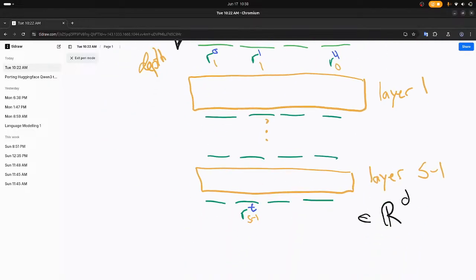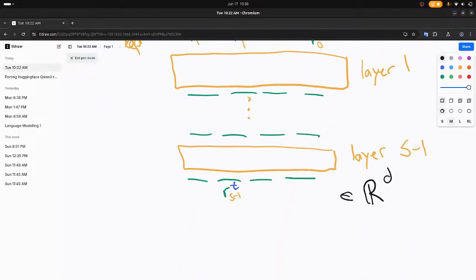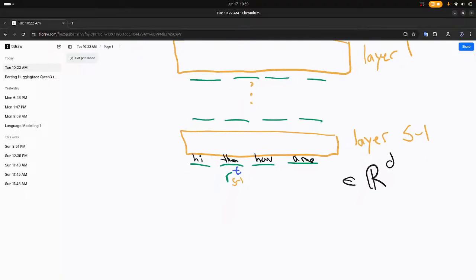And how does this work? Well, we have to think again. We need to get this vector into a probability distribution for the next token. How do I do this?